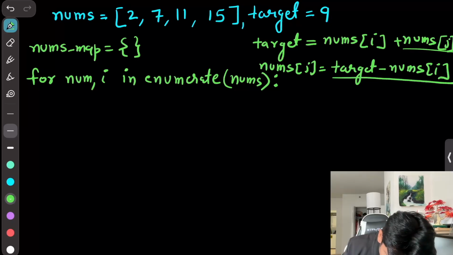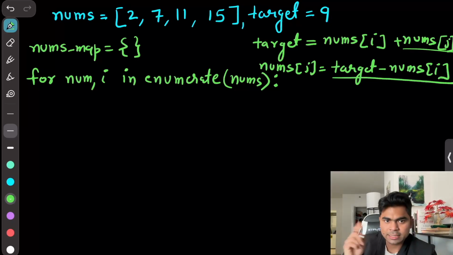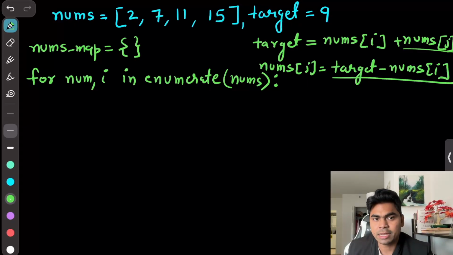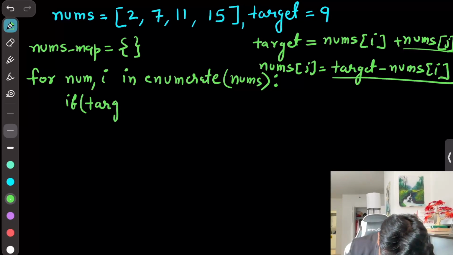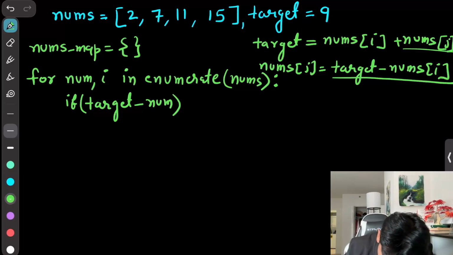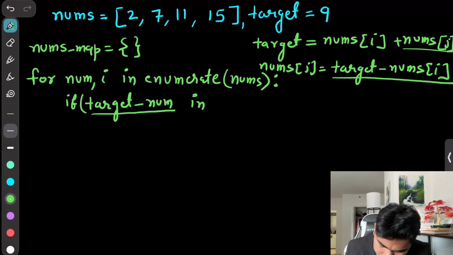Okay, so what I can do right now is check for the second number that I'm trying to find. So if target minus this current num, which is nums j, is in my nums map.